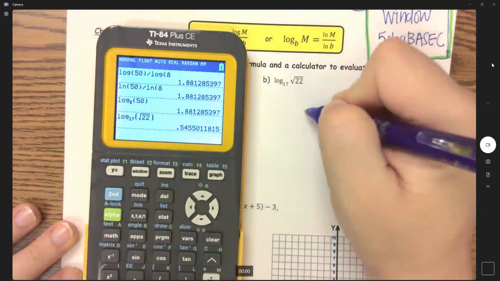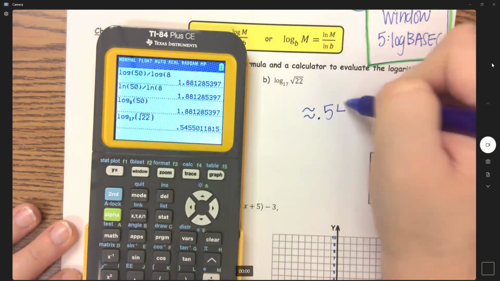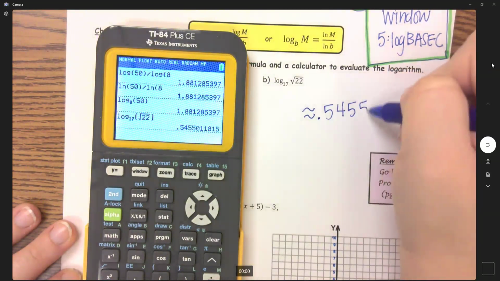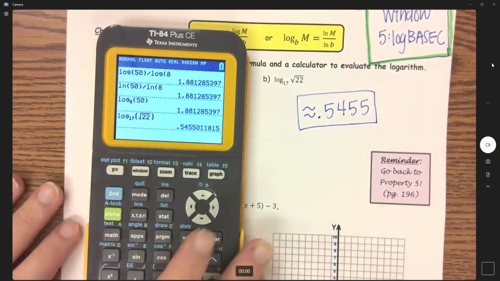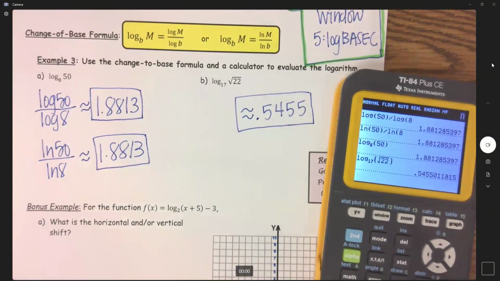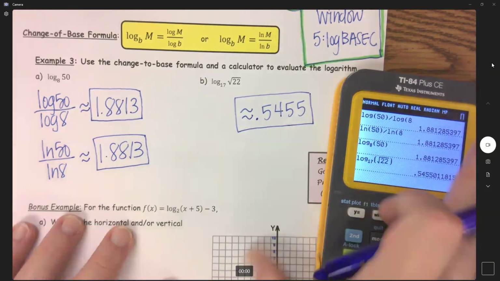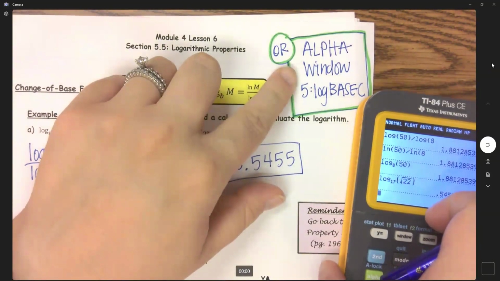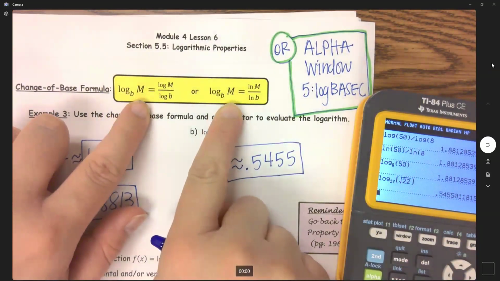So this is about 0.5455. Now, if you don't have an 84, if you have a TI 83, you cannot do this. It doesn't have that as a function, so you will have to use this change of base formula.